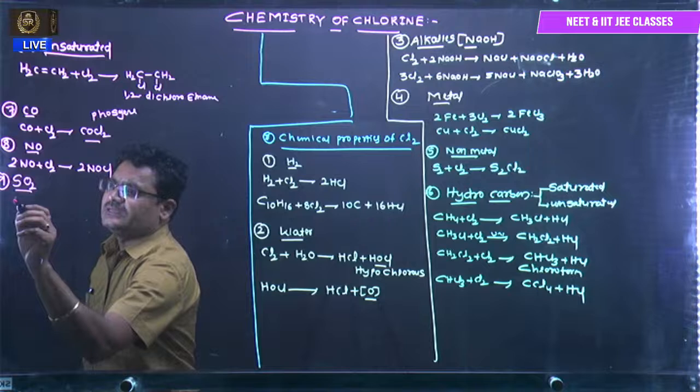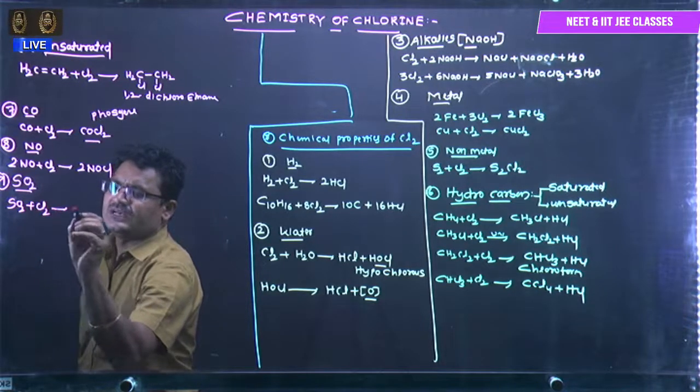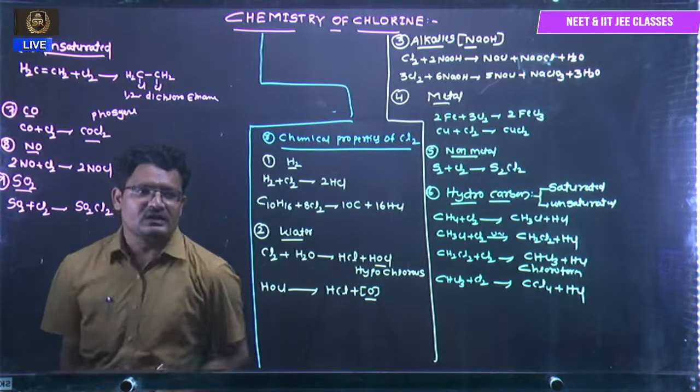Sulfur dioxide reacts with chlorine to give sulfuryl chloride.